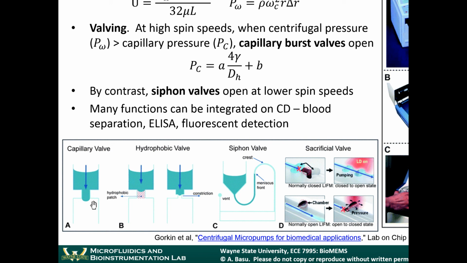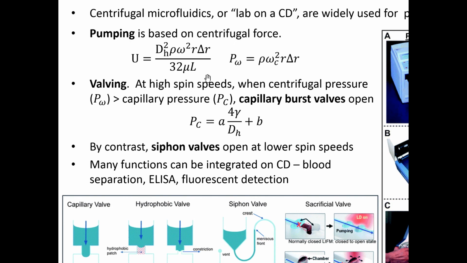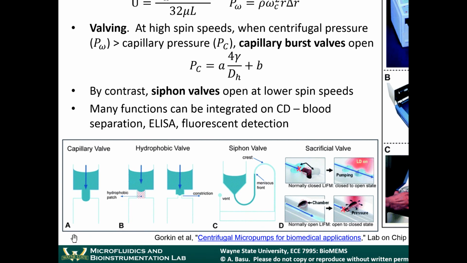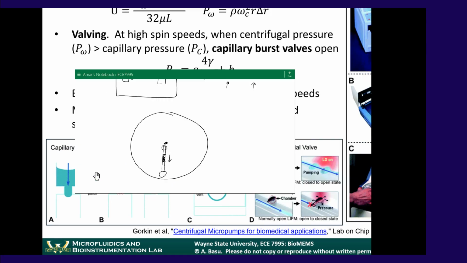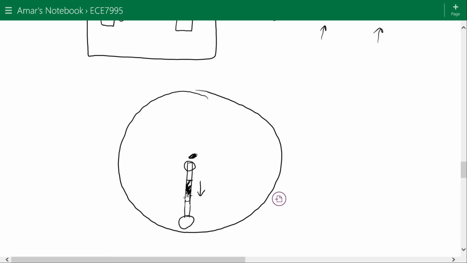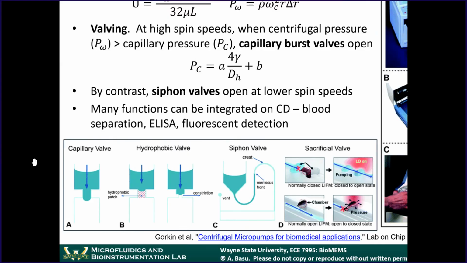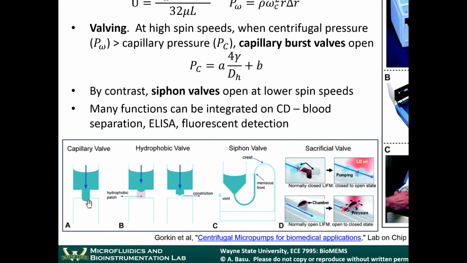So they use this technique. With the capillary burst valve, initially you spin the CD at a specific velocity, and that pumps the liquids from the top of the channel through to a region where you have this capillary valve. Now, if you're going at that spin speed, the capillary valve has been designed in a way that the capillary pressure exceeds the centrifugal pressure.